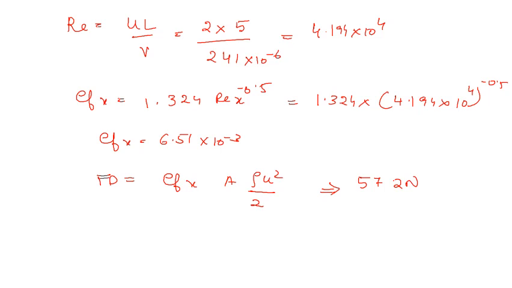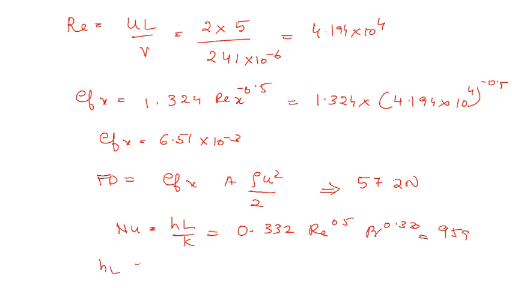The Nusselt number is determined by the formula hL by K, that is 0.332 Reynolds to the power 0.5 and Prandtl to the power 0.33. That turns out to be 959. So average heat transfer coefficient hL is equal to 2 into hx, that is equal to 55.2 watt per meter square Kelvin.